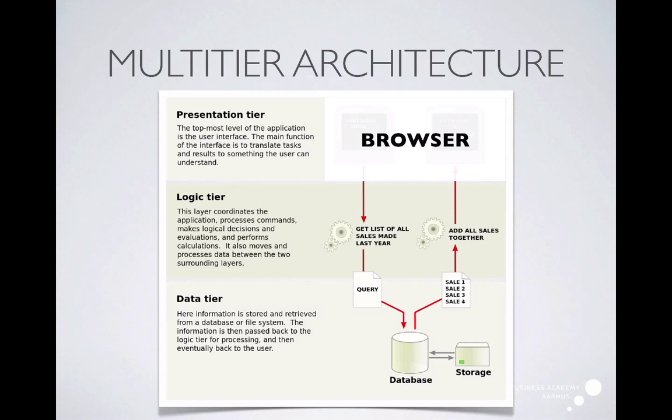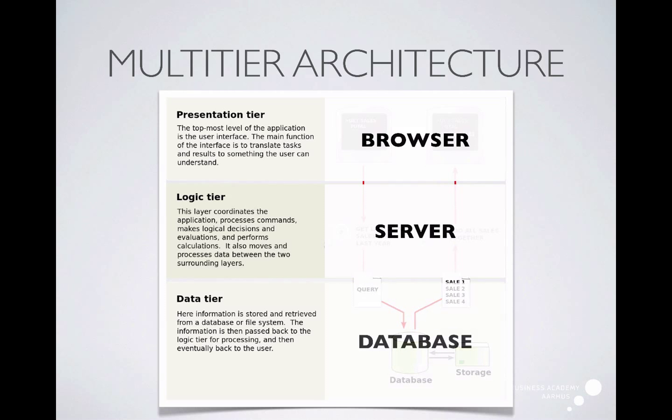If we look at web application development, then the presentation tier would be the browser, and then we will have a server of some kind, an application server, and then we will have a database server.